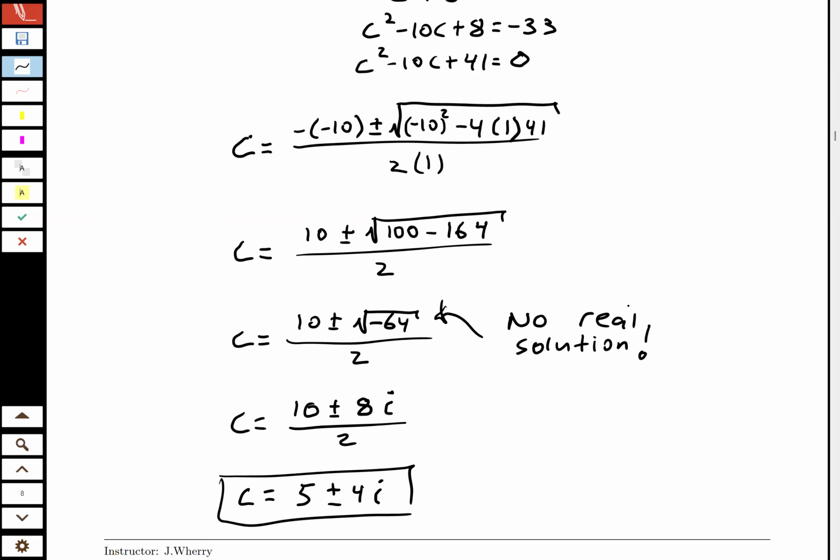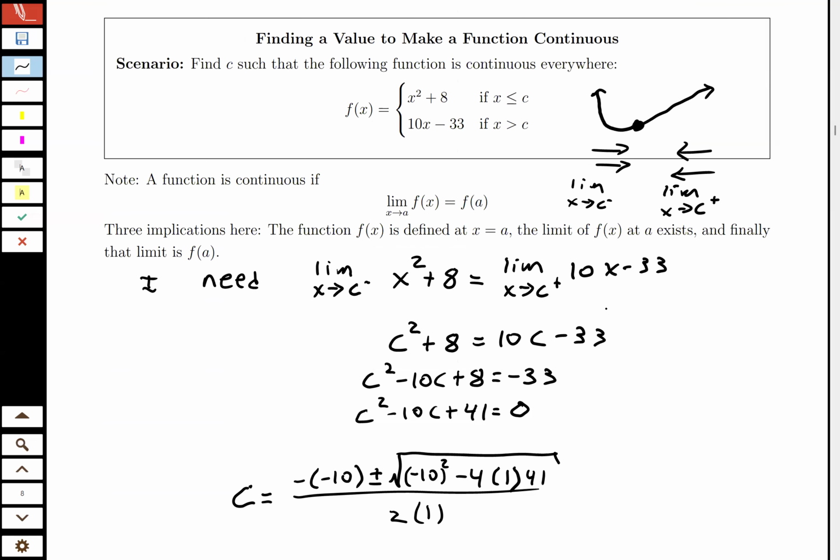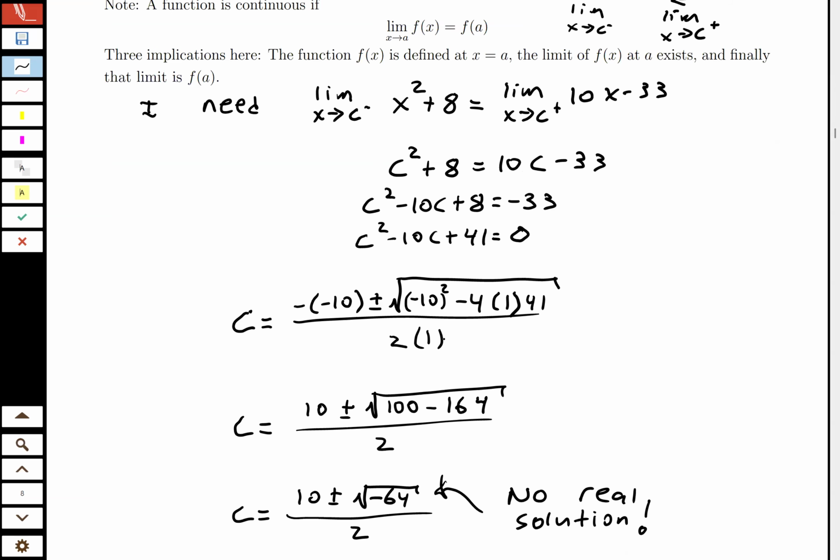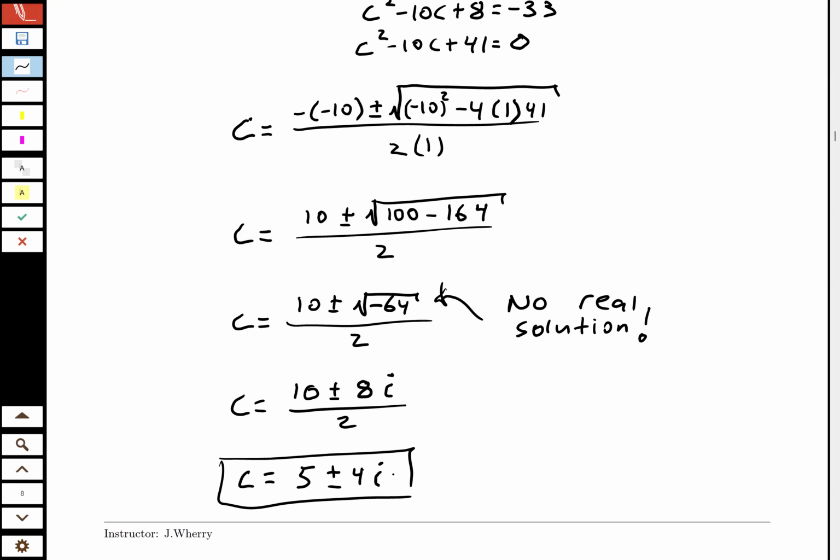So there was no real solution to this, but when I set this up with the two sides being equal to each other and solve, I was able to find complex solutions. Kind of neat. Let's take a look at some more of these problems together.